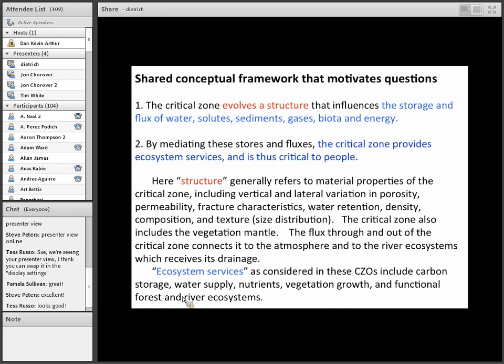The next slide I'll mention is the Santa Catalina Mountains and Jemez River Basin CZO. Their key question is, how does variability in climate, lithology, and disturbance influence the critical zone structure and function over both short and long timescales? So again, you see here the sense of the structure and function of the critical zone, but here the key word is the variability, short and long term.